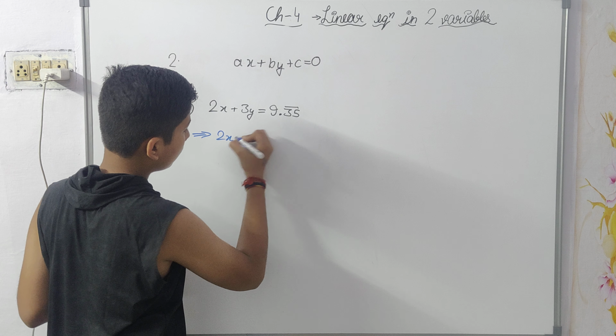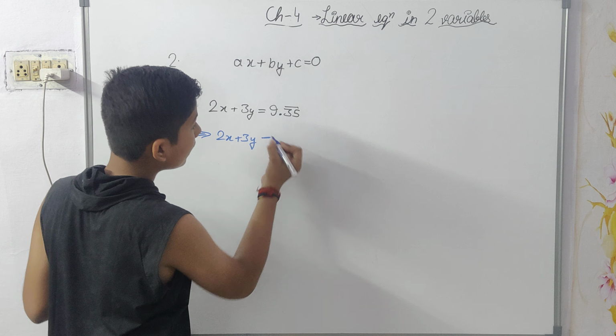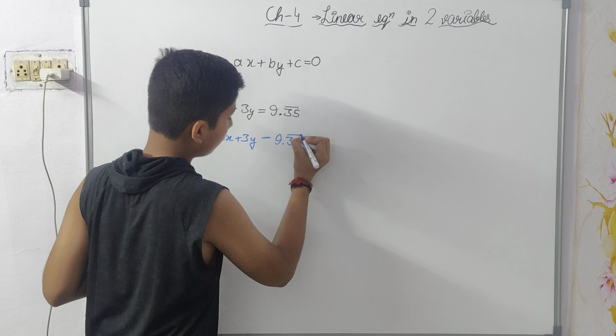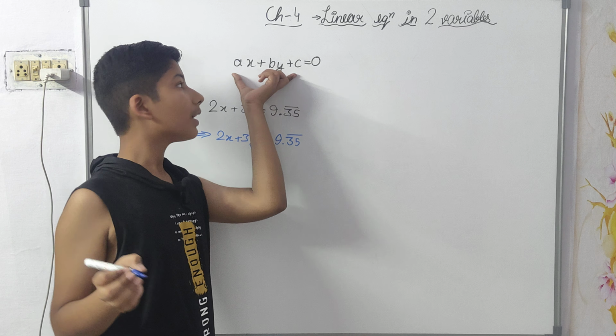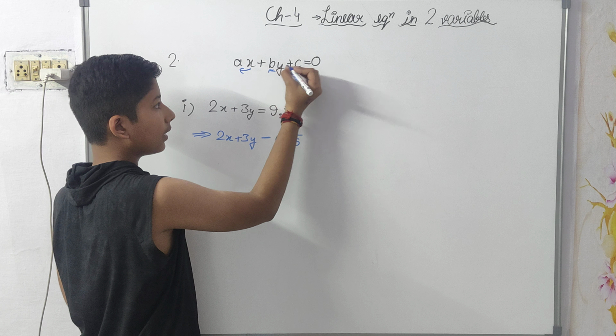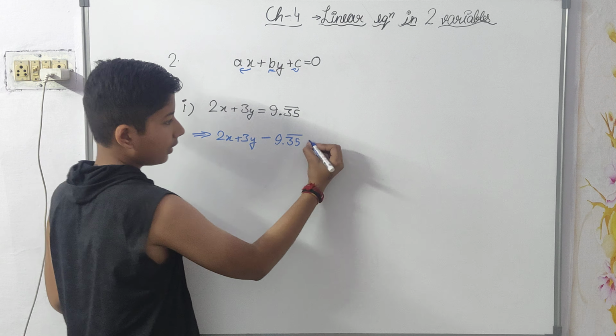So 2x plus 3y minus, because this is plus here and it will go there and become minus. So minus 9.35 bar. And now you can see here, we have to tell the values of a, b and c. So with x will be a, with y will be b and c will be itself there, equal to 0.